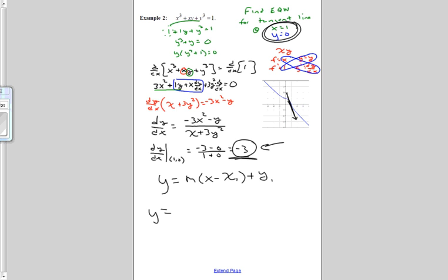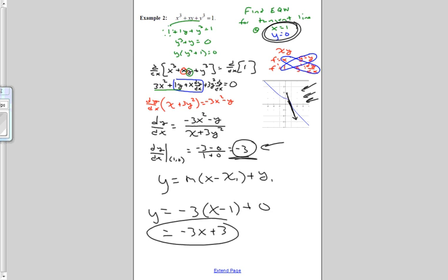So our equation is y equals negative 3 times (x minus 1) plus 0, or negative 3x plus 3. And it's very clear, looking at my tangent line, that's exactly what that is. So I did all the algebraic work, but then I'm comparing it to a graph and making sure it makes sense.